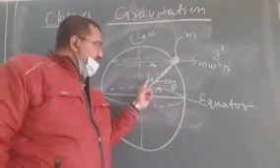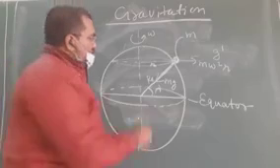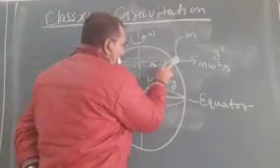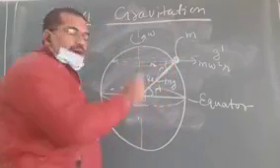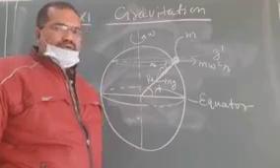What is the relation between small r and RE? This is lambda, this would also be lambda. So small r equals RE cos lambda.